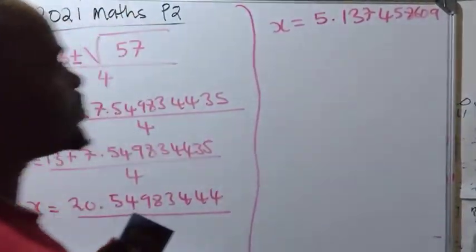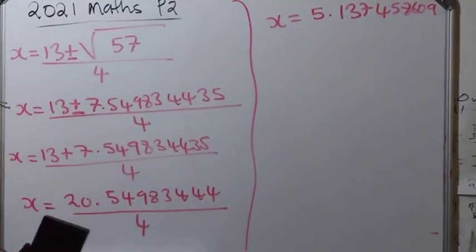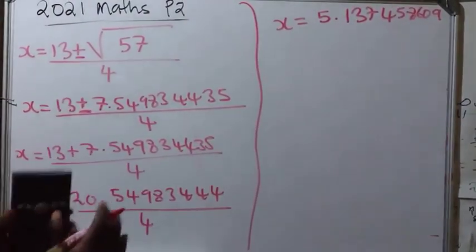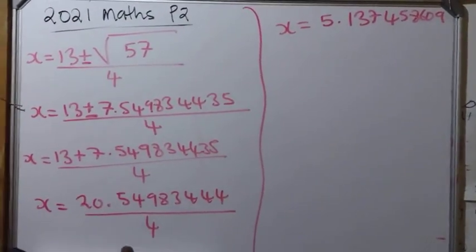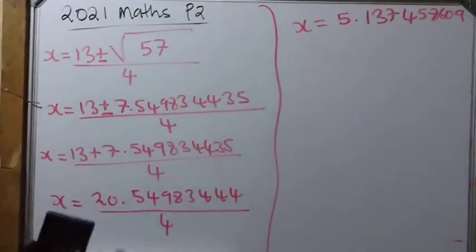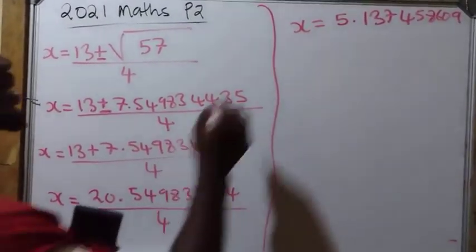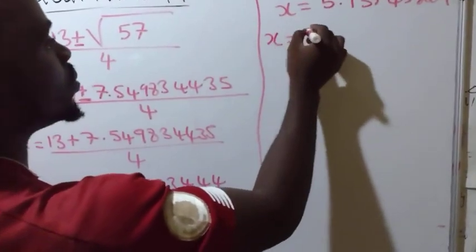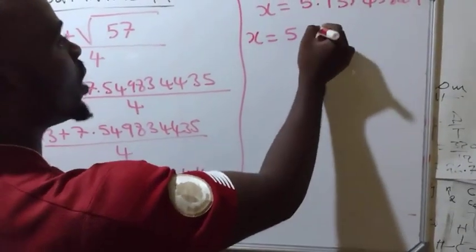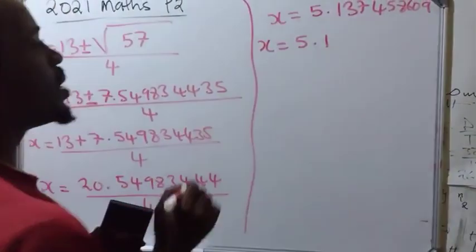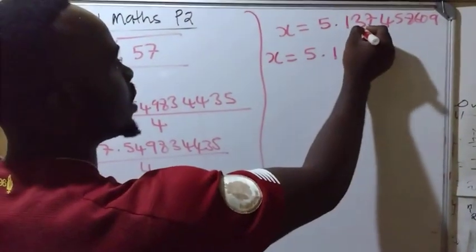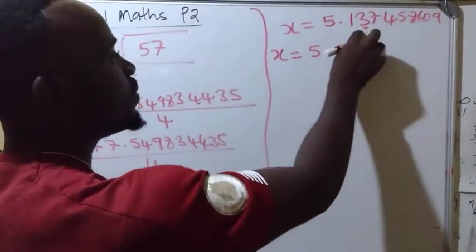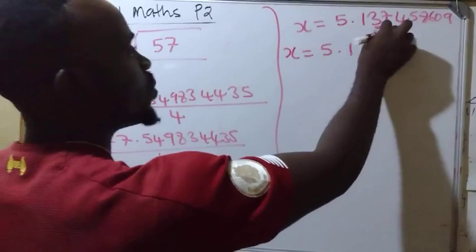Now remember, they gave you conditions where they said the value should have 2 decimal places. So this x will be equal to 5.1, which makes 1 decimal place. The number that will make 2 decimal places is 3. Now look at the next number after 3. It's what? 7.